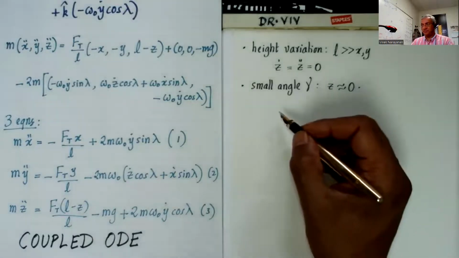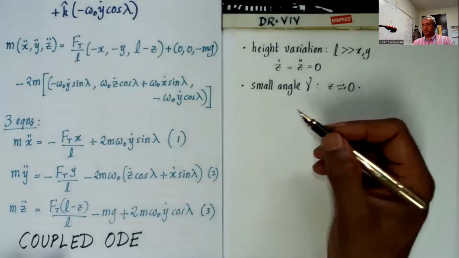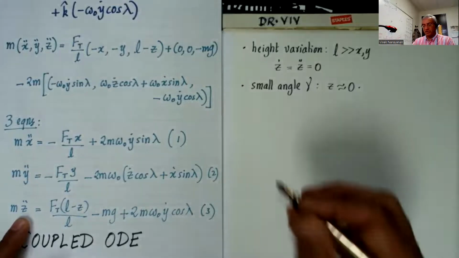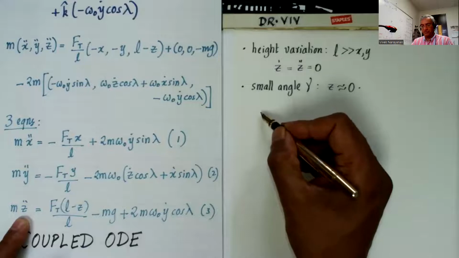So then the equation that I'm going to work with first is this, because that equation really becomes simplified. So z double dot is 0.